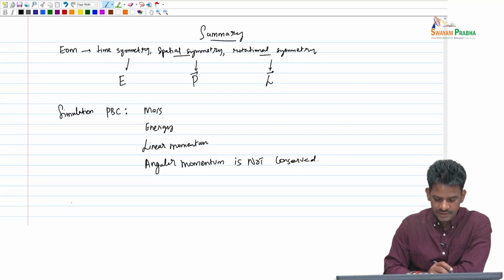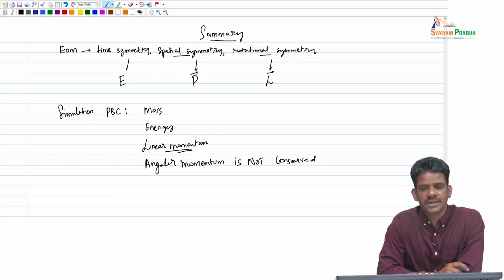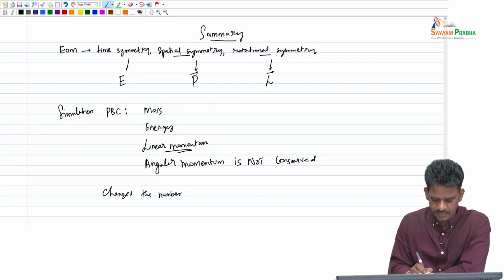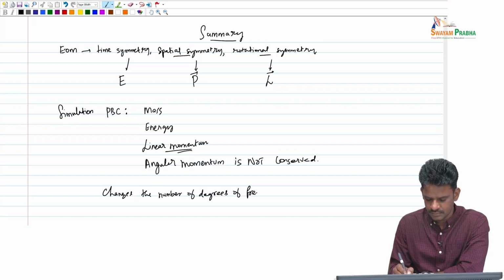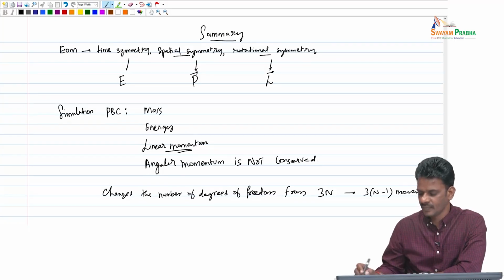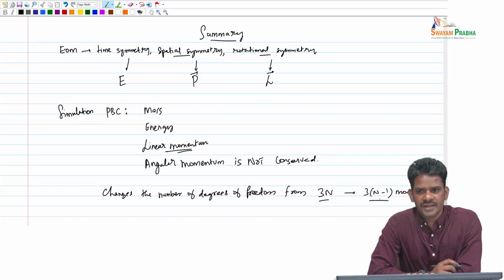And the consequence of the linear momentum being constant during the dynamical evolution of the system also changes the number of degrees of freedom from 3n momentum variables to 3 into n minus 1 momentum variables. So this change in the degrees of freedom has to be properly accounted for whenever you try to calculate any thermodynamic properties.